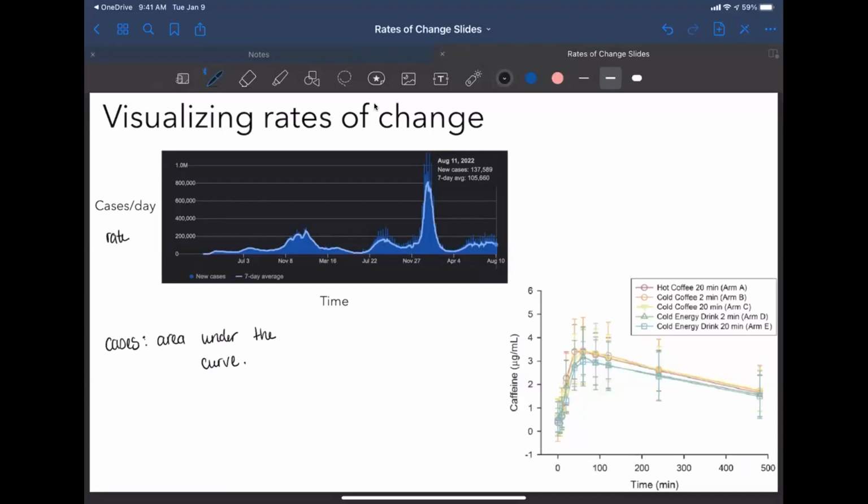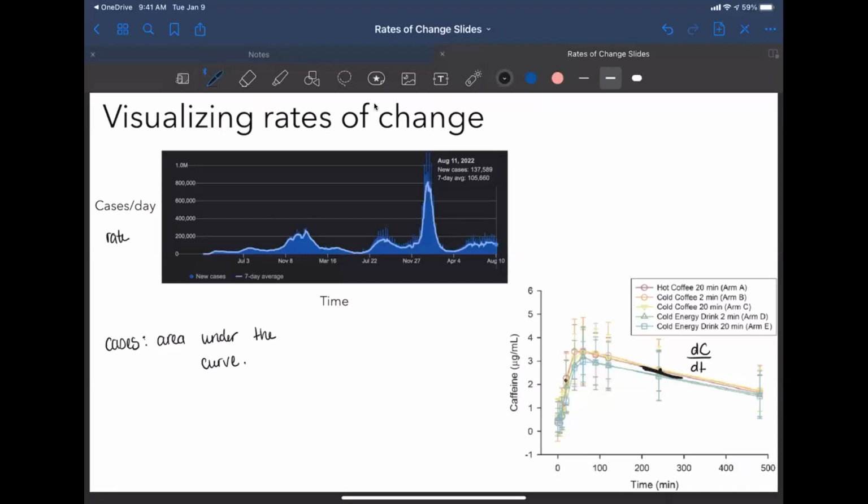In our caffeine example, we are actually looking at the total amount of caffeine over time. So here, the rate is going to be the slope of the line. At this point here, dC/dt is going to be the slope of this line here.